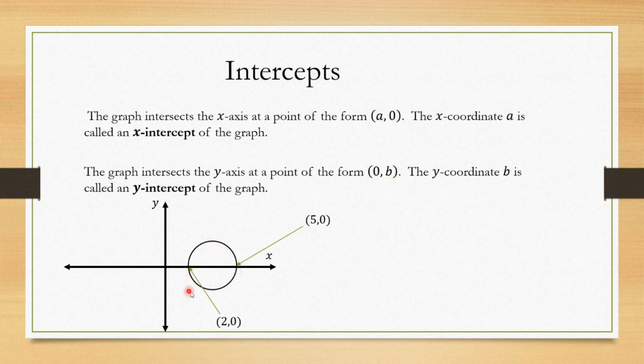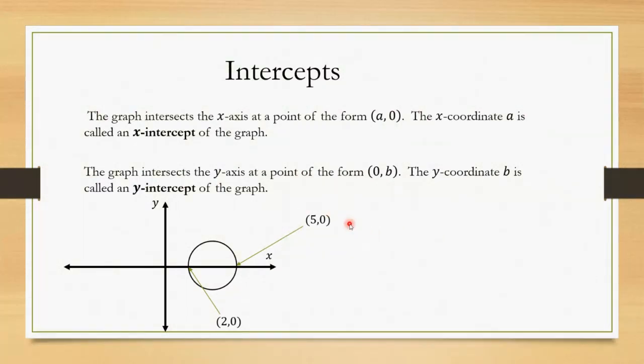And as this graph here is showing, you could have more than one x or y intercept. Here we have 2 x-intercepts. And it's also possible you don't have any x or y intercepts, right? This circle never intersects the y-axis, as you can see. Okay, so that's what these intercepts are.